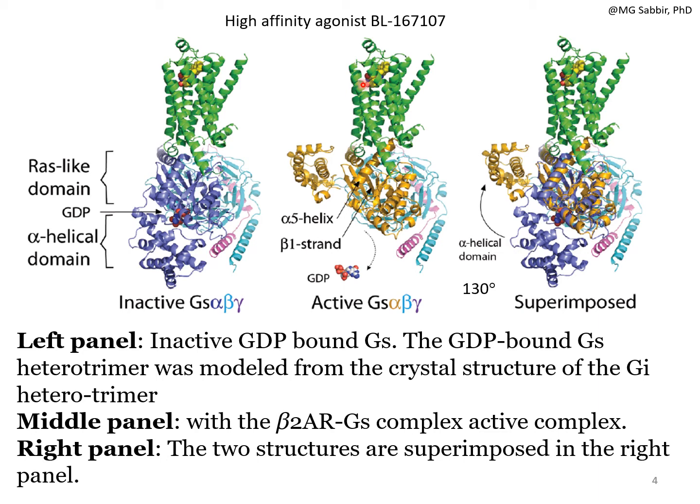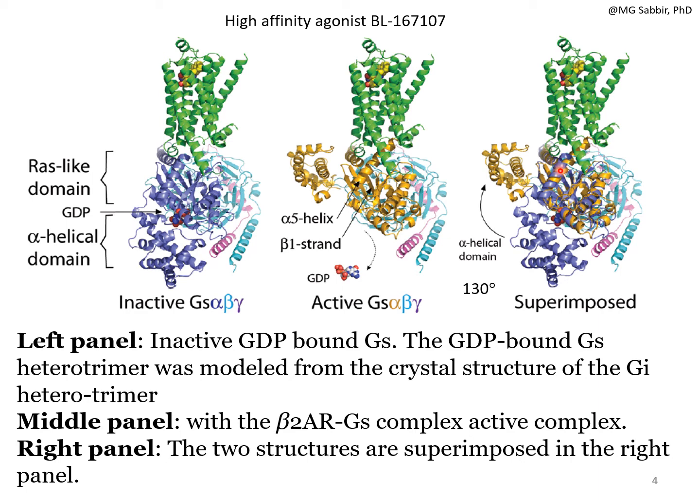Now in the middle panel, following coupling to the high affinity agonist, the G alpha subunit undergoes large structural changes, with the alpha helix being displaced approximately 130 degrees, and the carboxyl alpha 5 helix of the RAS-like domain is displaced 5 angstrom into the core of the active receptor, and this stabilizes the active state of the receptor.